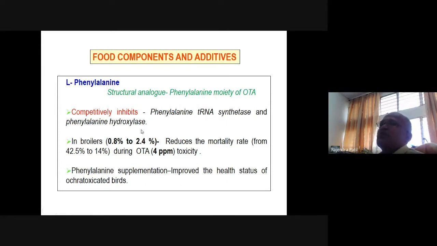That's why if you give L-phenylalanine in the diet during aflatoxicosis, it will reduce the mortality rate. Reports also suggest that in poultry toxicity, the addition of 0.8 to 2.5% L-phenylalanine in the diet will reduce the mortality rate.